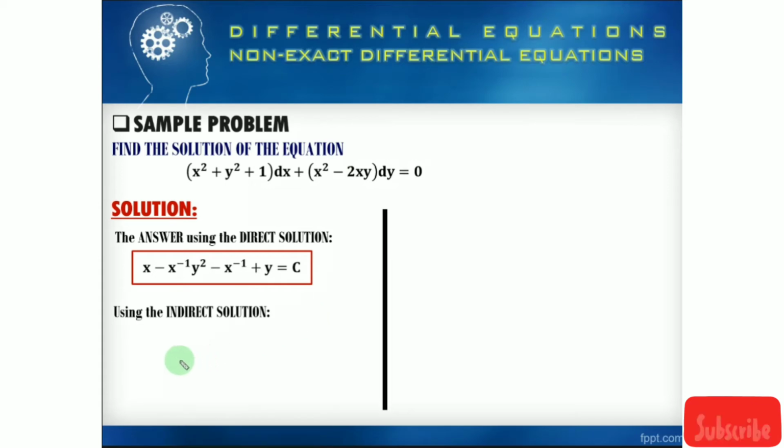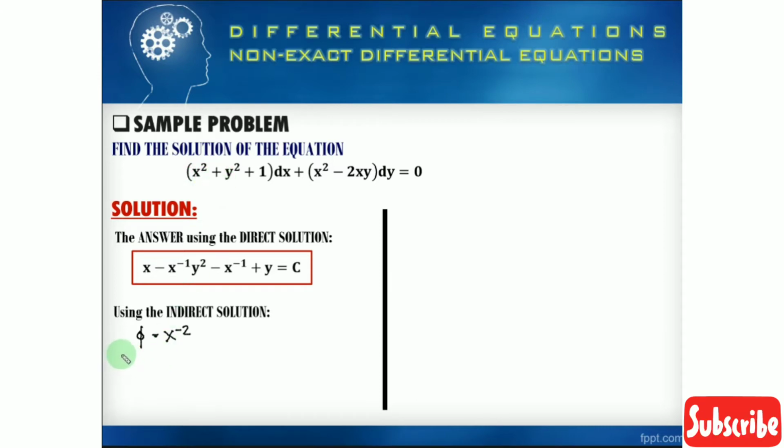Okay, so now we are going to use the indirect solution for this case. As you can observe in our previous lecture, the part 1 of this video, our integrating factor phi is simply equal to x raised to the negative 2, and we use this as a multiplier to the given non-exact differential equation.